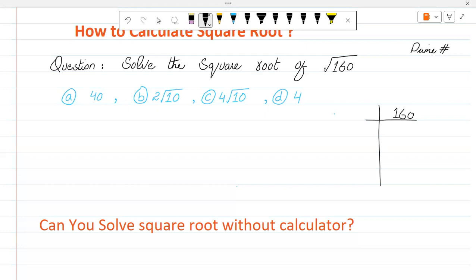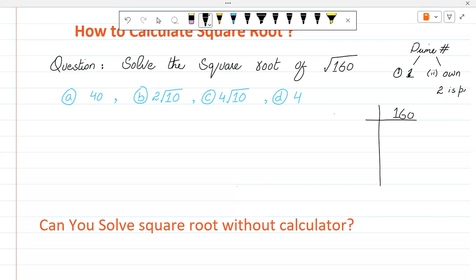Prime numbers are those numbers which have only two factors, i.e. which can be divided by only two numbers. One is fixed, which is number one, and the second number is the number itself. For example, 2 is prime.